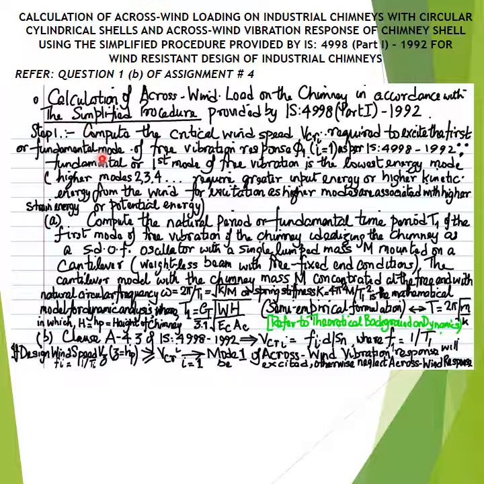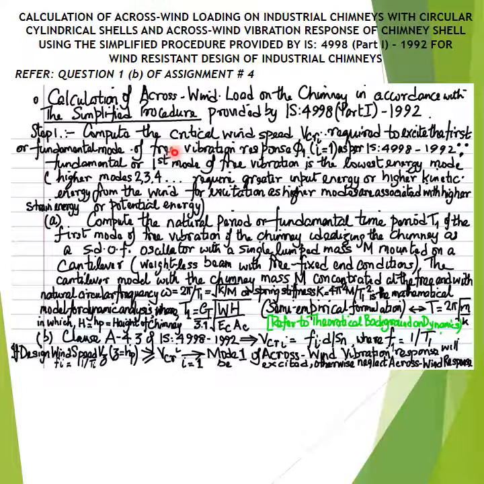Step 1. Compute the critical wind speed denoted as VCRI, where the notation V represents the wind speed while the subscript CR denotes the critical wind speed and the subscript I denotes the mode of vibration, that is the mode of free vibration response of the industrial chimney.